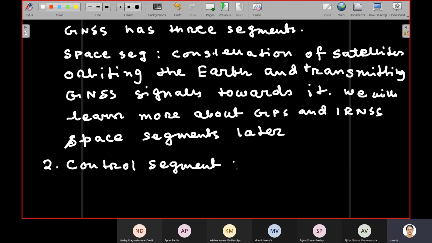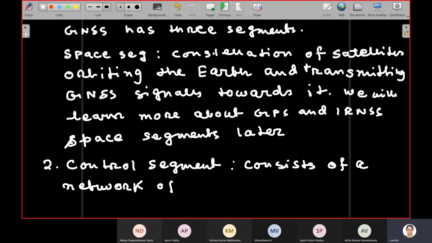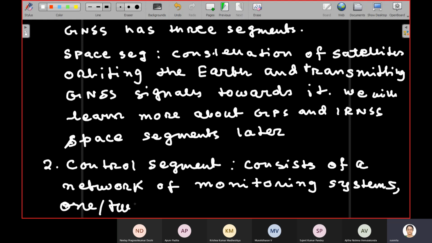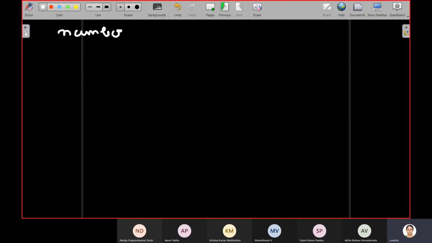The control segment actually consists of a network of monitoring systems, one or two master stations, and a number of, typically one or two again, uplink stations.